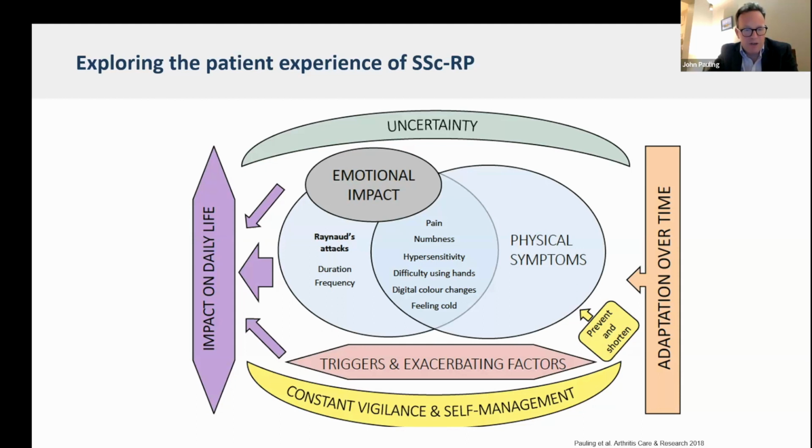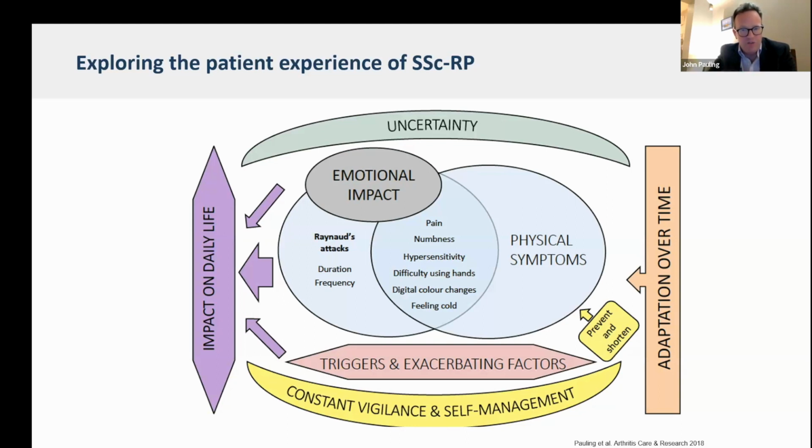So I think when it comes to Raynaud's attacks, we need to remind ourselves that patients aren't innocent bystanders to the occurrence of these attacks. They take very active steps to prevent attacks. The active steps they're taking impact on their social participation. And then they take steps to ameliorate attacks when they're occurring. So they'll use hand warmers or put their hands in warm basins of water.